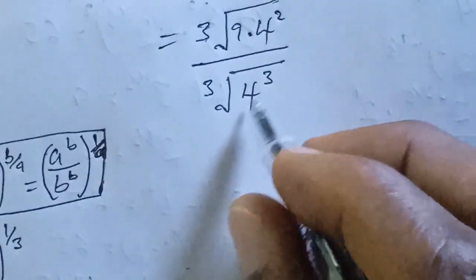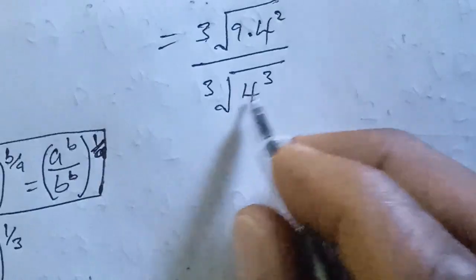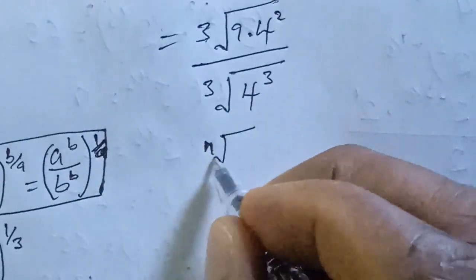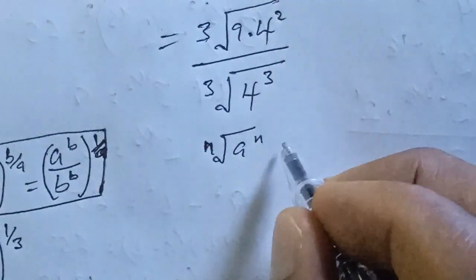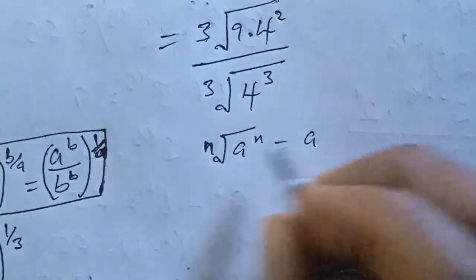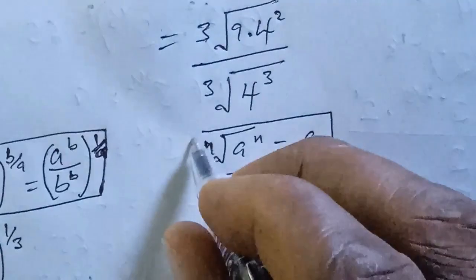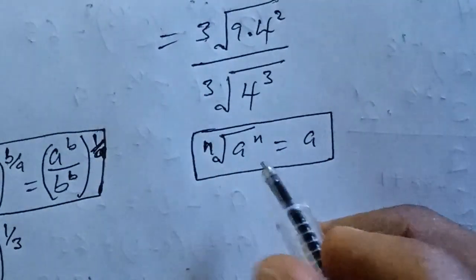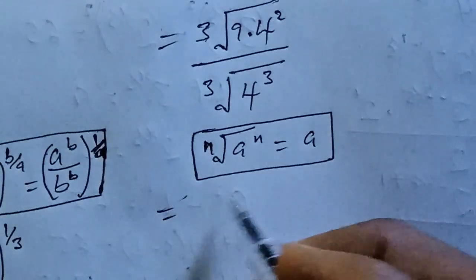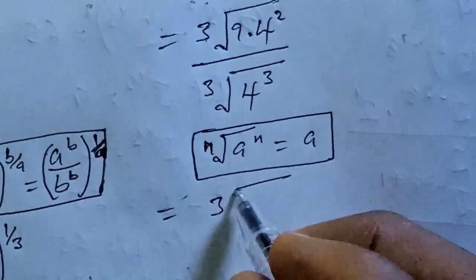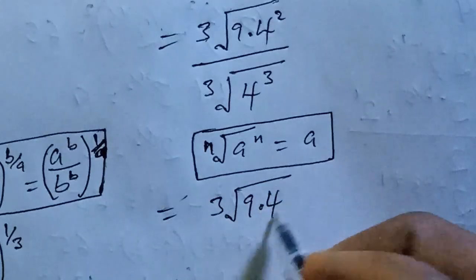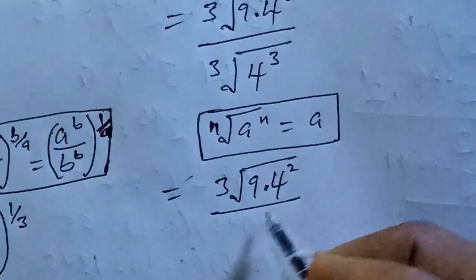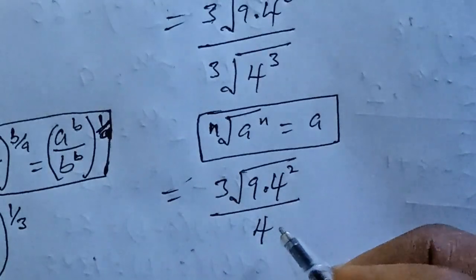Now, considering the denominator, we can simplify it as the nth root of A power n can be written as A. So we approach the denominator with this identity, and that will be equal to the cube root of 9 multiplied by 4 raised to power 2 over 4.